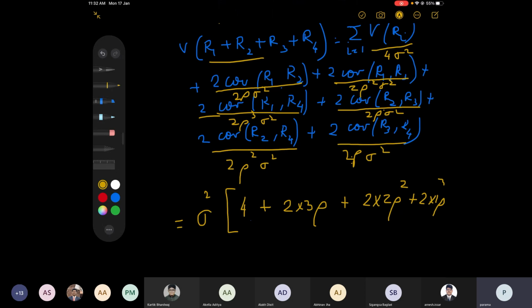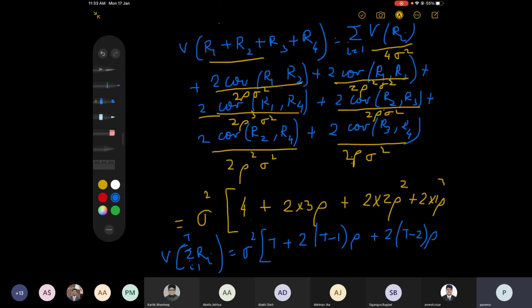So if I have to generalize this, if I have variance of summation i equal to 1 to T, then this should be equal to sigma square T plus 2 into T minus 1 into row plus 2 into T minus 2 into row square plus 2 into actually T minus 1.